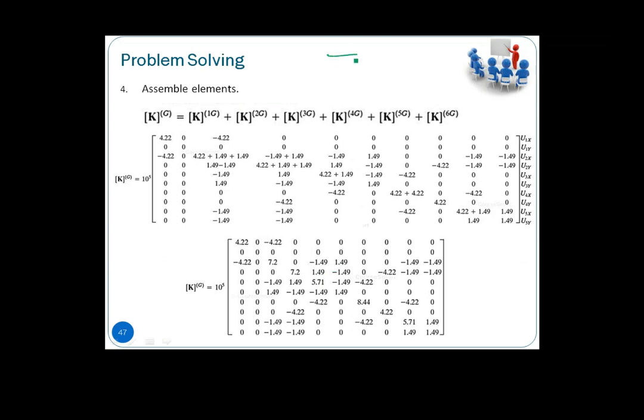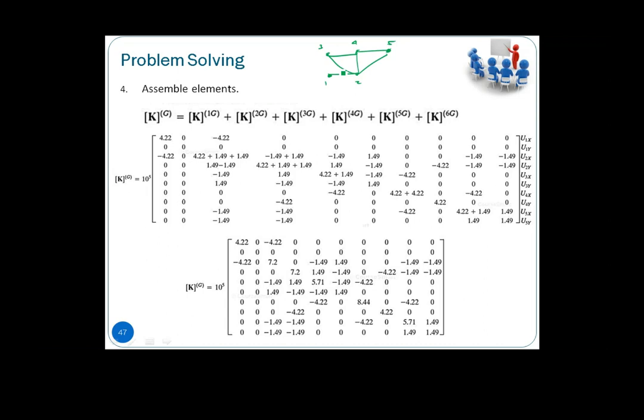So I redraw these nodes so probably you can have a clearer view. I have node 1 here, node 2 here, 3 here, 4 here, 5 here. Right? Element number 1 covers nodes 1 and 2.